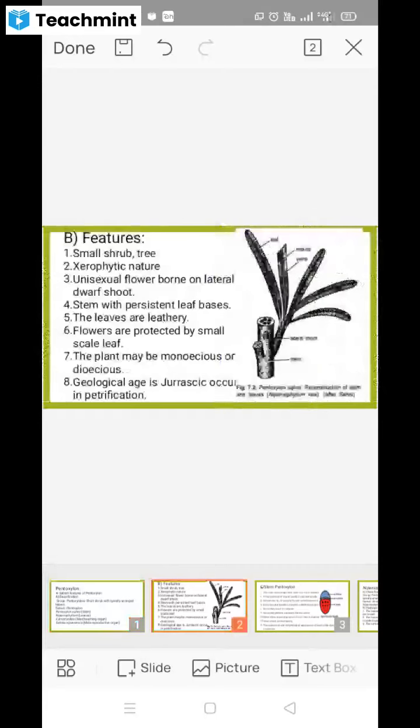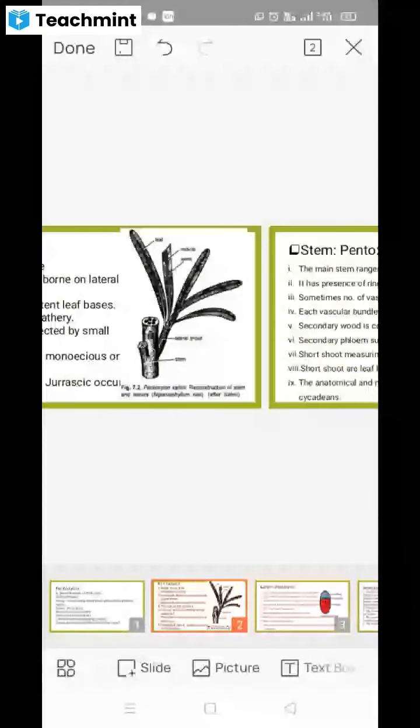Then flowers at the young stage are protected with scale leaves. Sometimes this plant is monoecious or dioecious. Mostly pentoxylon fossil is observed in the Jurassic era in the form of petrification.